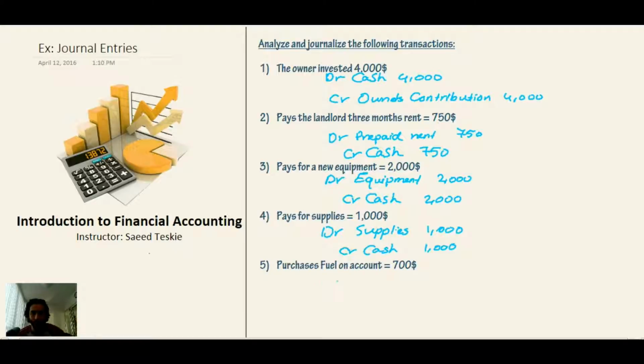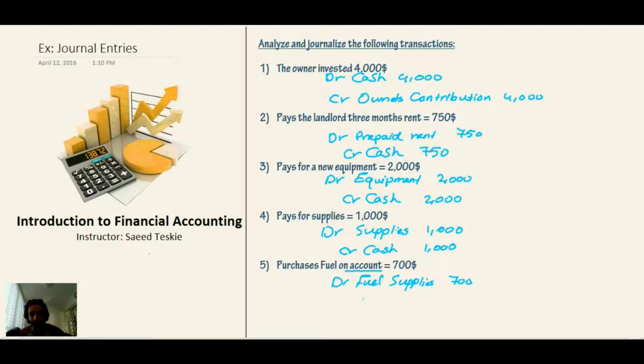Okay, we purchased fuel on account. On account means that we didn't pay for it yet. We received the fuel, but we will pay for it later. But in double entry bookkeeping, each transaction should affect at least 2 accounts. So we will debit fuel supplies 700.